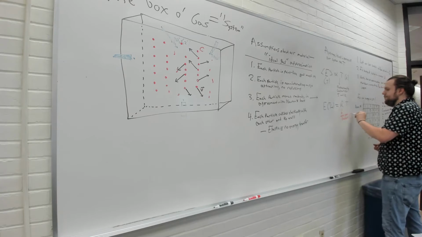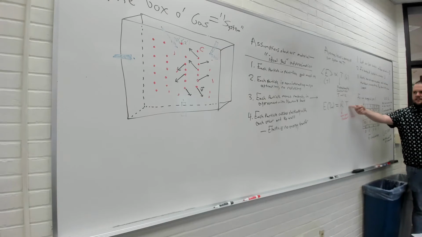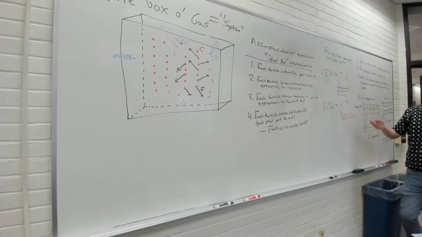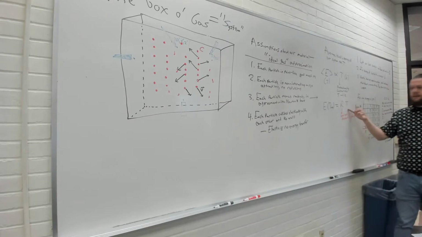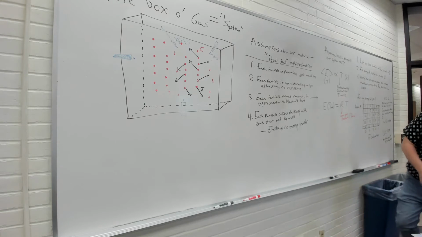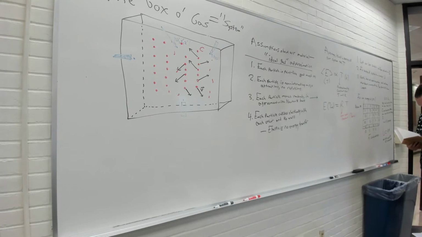And of course it has units of joules per mole per Kelvin. If you multiply R by T, you multiply Kelvin by 1 over Kelvin, you get joules per mole out. If you divide E by R, you get Kelvin out.